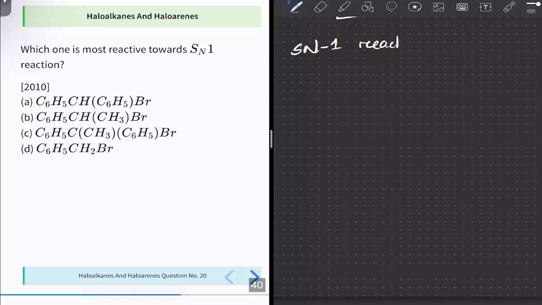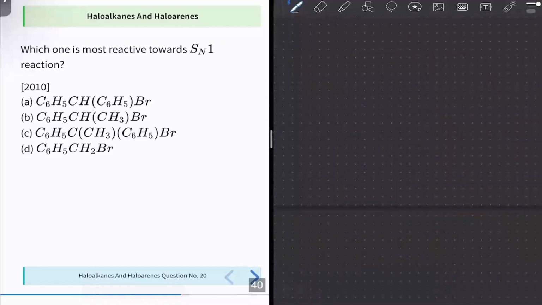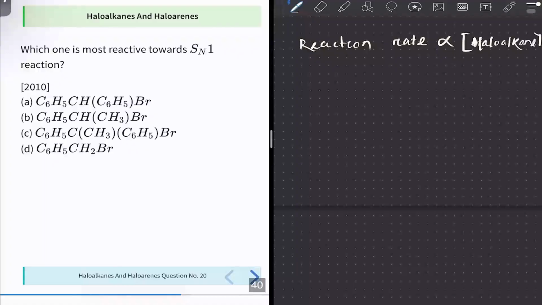SN1 reaction. In an SN1 reaction, the reaction rate depends upon only one reactant, that is the haloalkane or the other compounds.